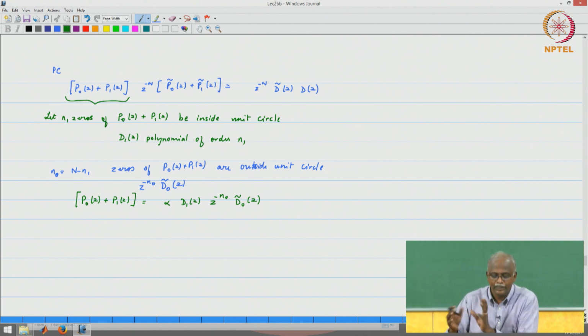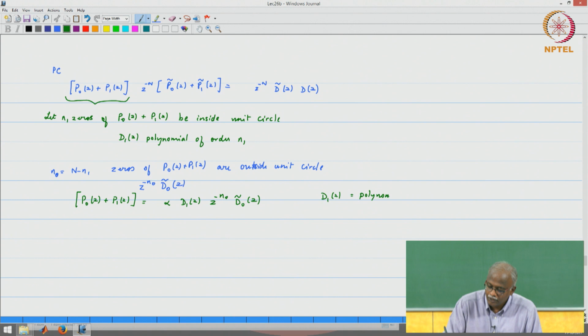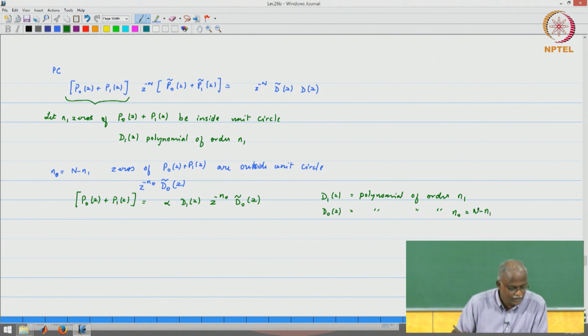I am using the notation d naught tilde for some factor of d tilde of z, and this is a useful form for us. d1 of z is a polynomial of order n1, and d0 is a polynomial of order n0, which is equal to n minus n1.